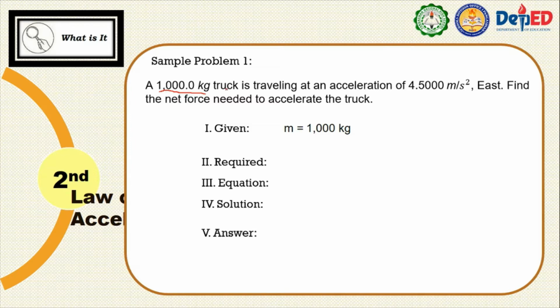So, mass is equal to 1,000 kilograms. Meron din ditong 4.5 meters per second squared. So, you put 4.5 meters per second squared. Kapag ang unit meters per second squared, that is pertaining to, correct, acceleration.